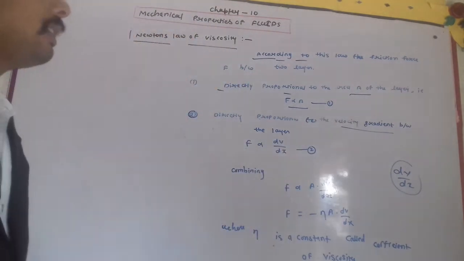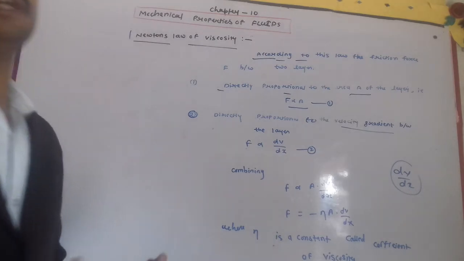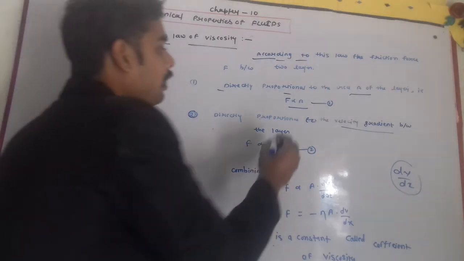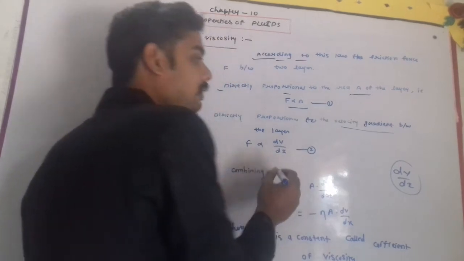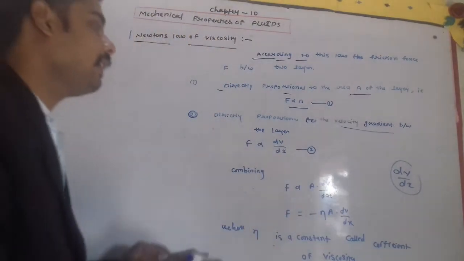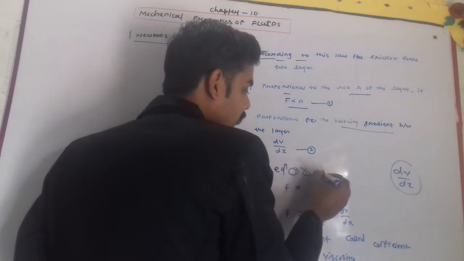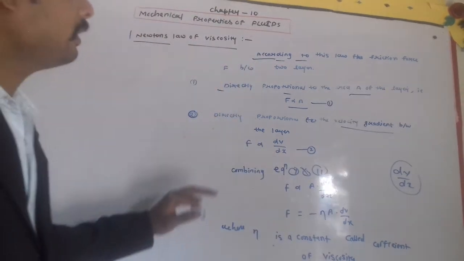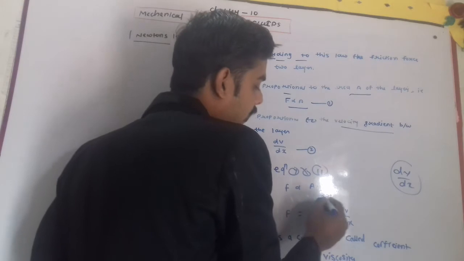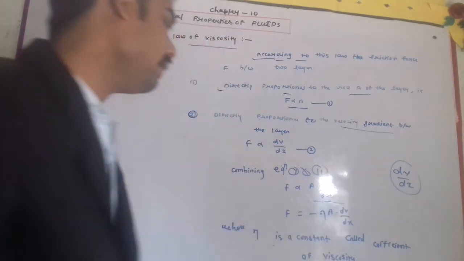So this law states that the force between two layers is directly proportional to the area, and the force is directly proportional to the velocity gradient. Combining equations first and second, we understand that F is directly proportional to A dv upon dx.